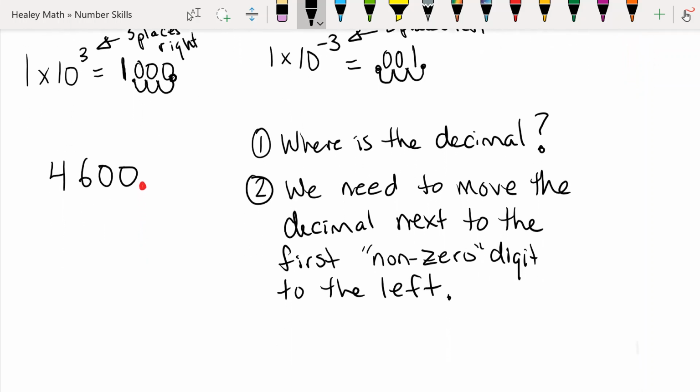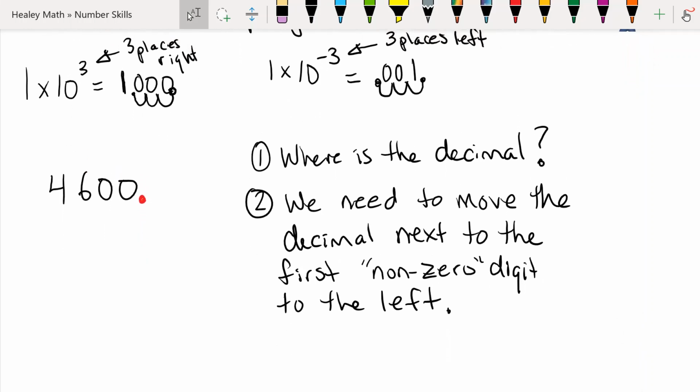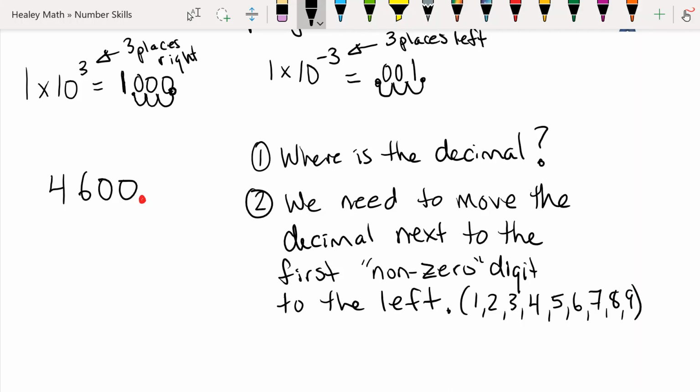And non-zero digits are, for example, 1, 2, 3, 4, 5, 6, 7, 8, and 9. So as we look at this, we notice our first non-zero digit is going to be 4. So we want our decimal to go right here.